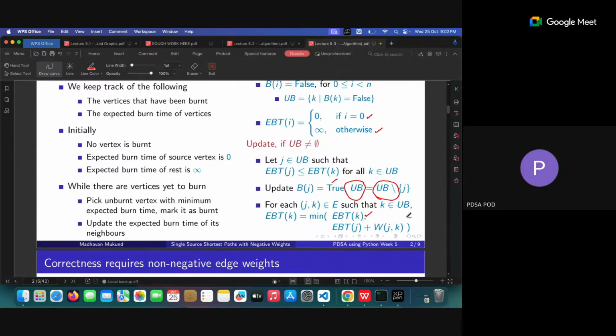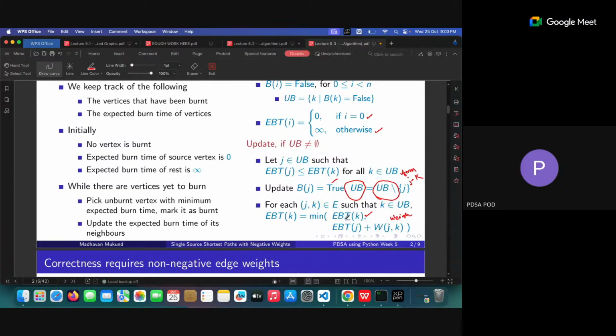The w of jk is the weight from j to k. So the existing weight of j plus the weight from j to k, where k is adjacent to j. These two are summed.